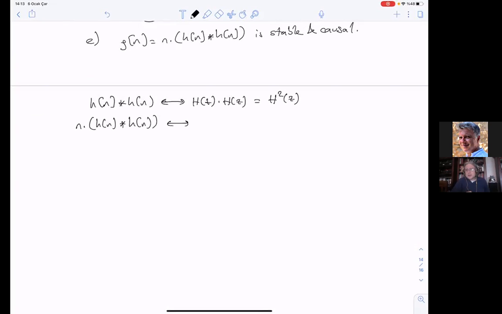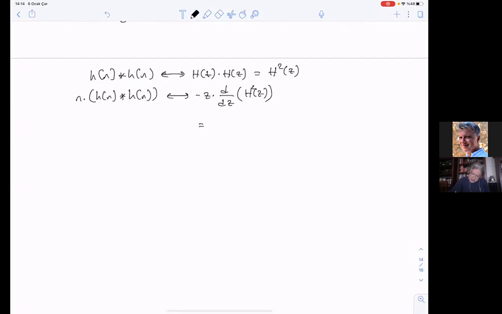Now we have to use the property of n times in the time domain corresponding to minus z times the derivative of the corresponding z transform, H square of z. This was a property that if you multiply a time signal by n, it means you are multiplying the z transform by minus z and taking the derivative.